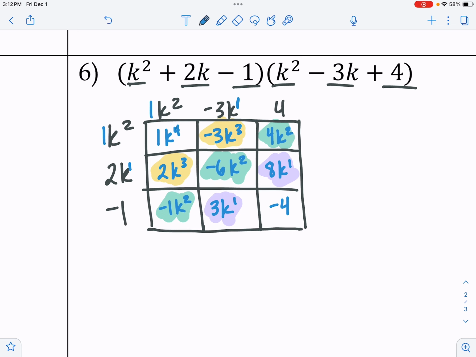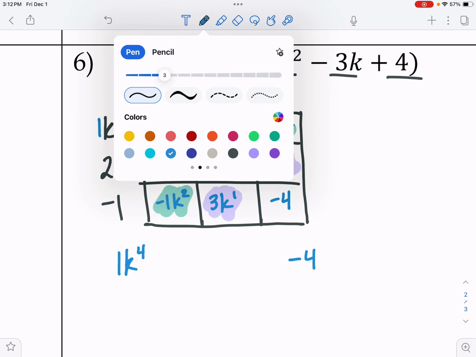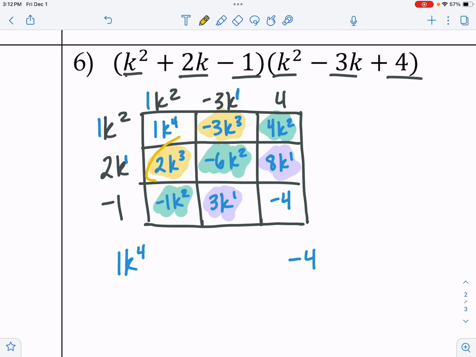And so my first term is going to be the 1k4. And my last term is going to be the negative 4. For the k3 term, we're going to combine 2 plus negative 3, which is negative 1 k3.